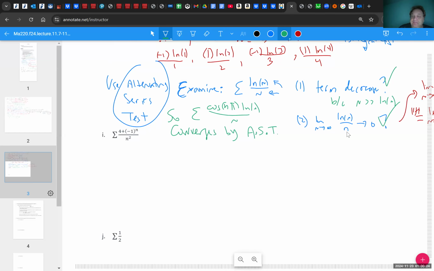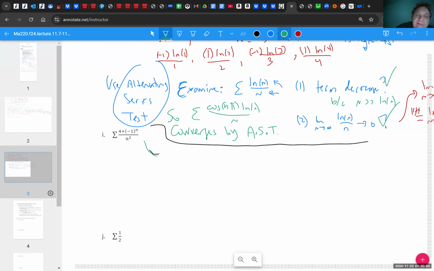Example I has this -1 to the n thing. -1 to the n is the classic, alternating between +1 and -1. So we think, okay, that's probably going to be an alternating series test. Let's write out some terms to make sure that it actually alternates. My advice I've given many times before.